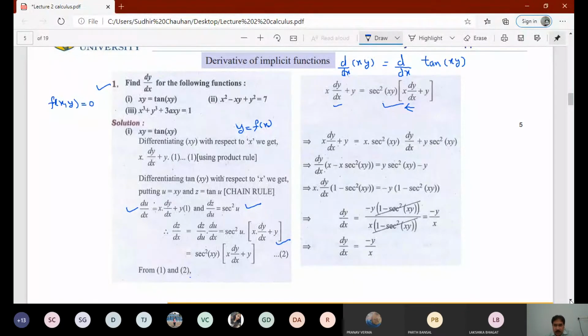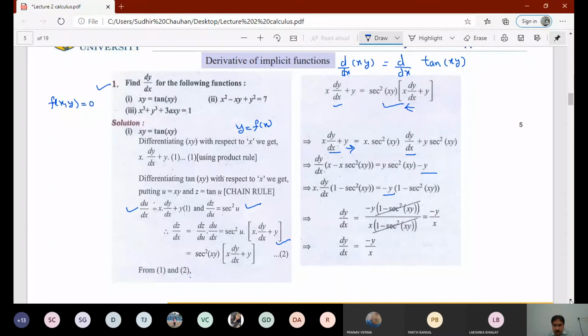Now we take the common dy by dx, so it will be x minus x sec square xy, and here we can shift this y to the right hand side, so it will be minus y. So dy by dx into x can be written as this. So we can see here minus y can be taken as common.